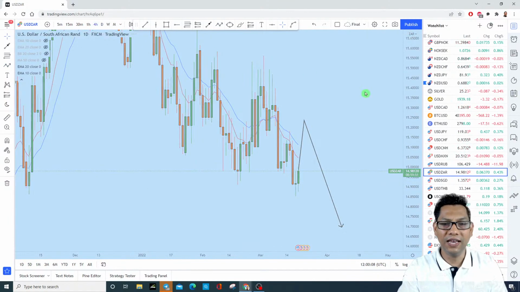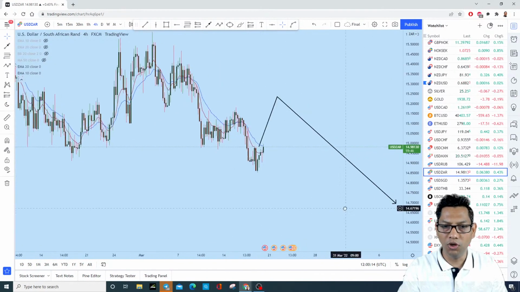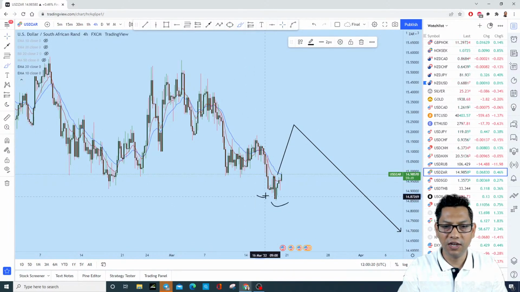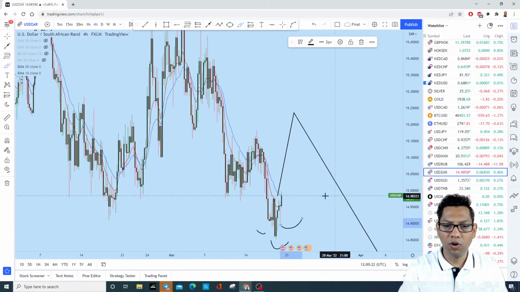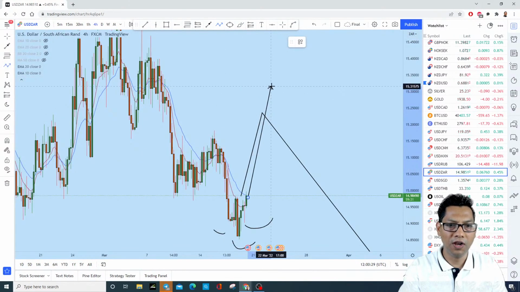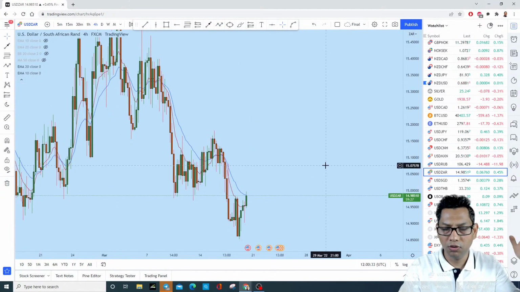With that being said, let's see on the 4-hour. On the 4-hour USD ZAR is kind of bullish. We could see from here that we have already seen an inverted head and shoulders on the 4-hour time frame. So from here I believe that USD ZAR will go up, test this one properly, and then come down.